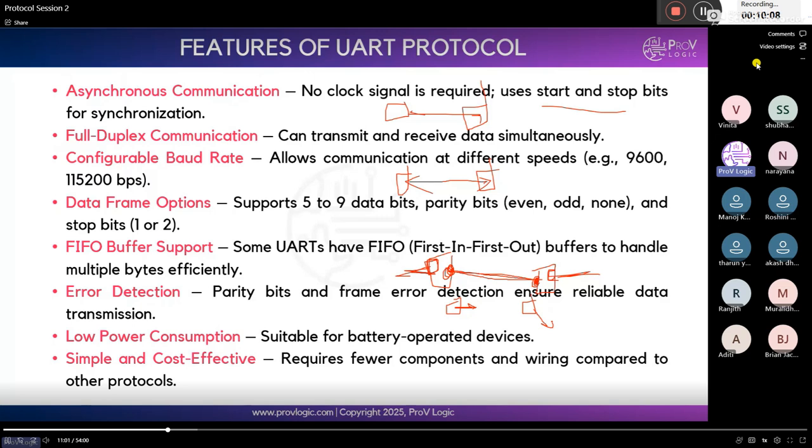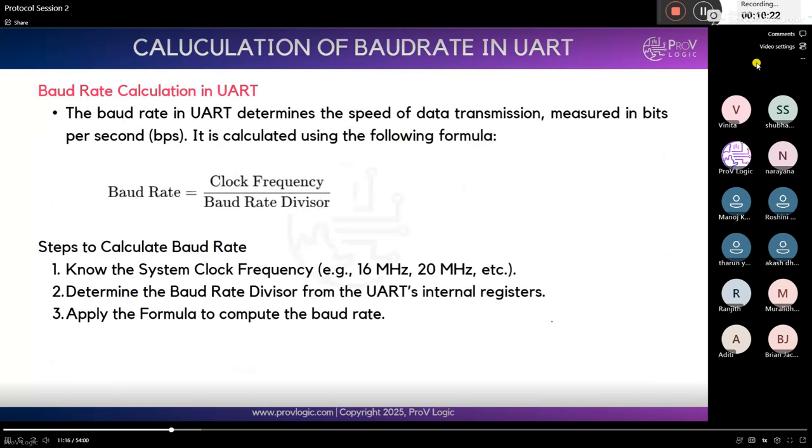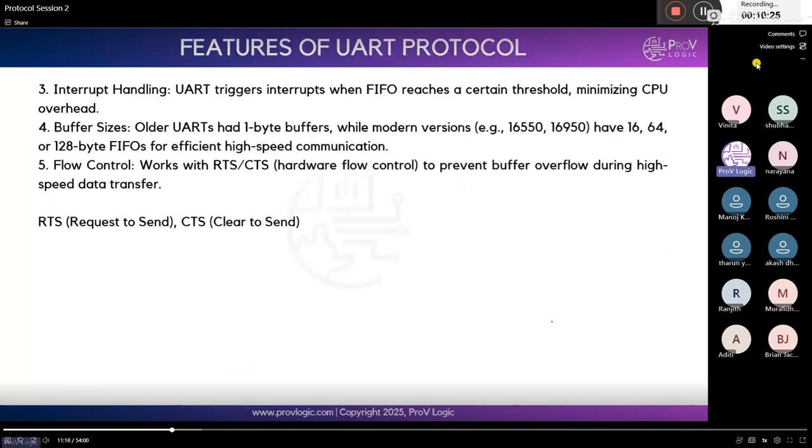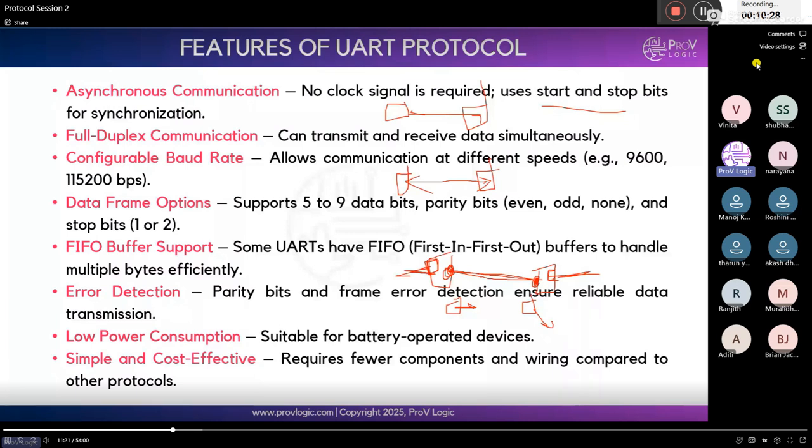We use baud rate, which just defines the communication speed. Example, 9600 bps. Those many bits per second, not baud rate, bits per second. So how many bits we are transferring per second will give us an idea of the clock speed.